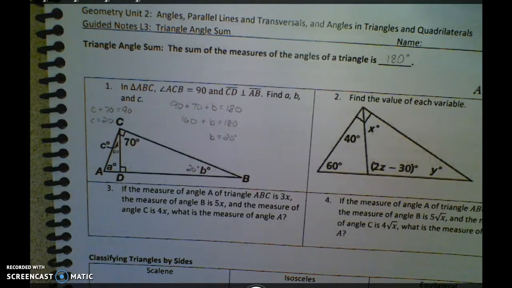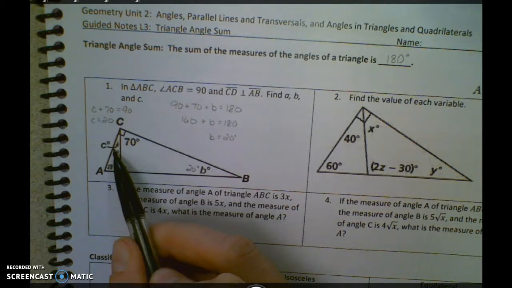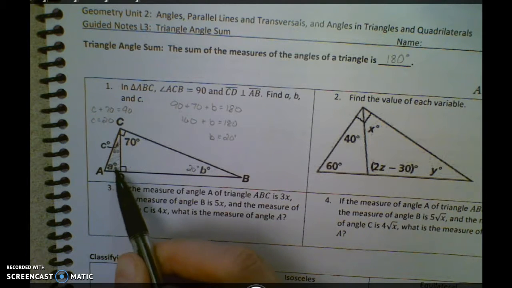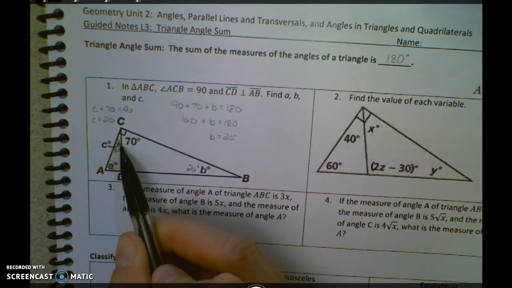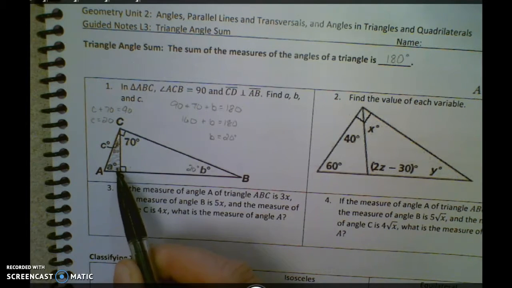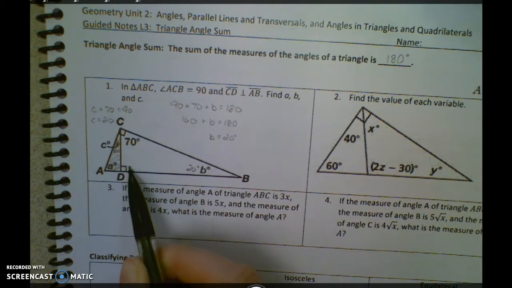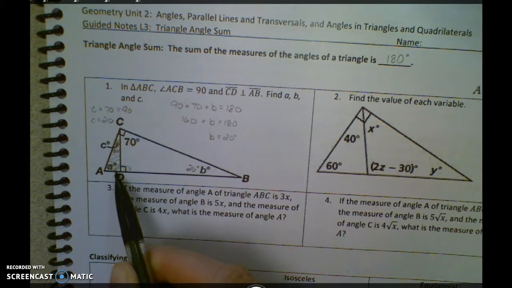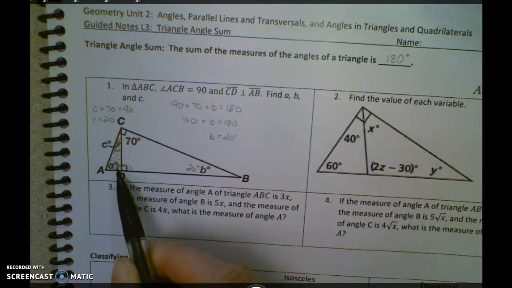We have more than one way to find angle A. I'm going to have you look at this little triangle, the one where I just put the 20 degree angle. Angle C was 20 degrees. Angle A, I don't know what it is, but this is the third angle in the triangle. We would know what it is because we have a straight angle by point D. So if this was 90 degrees on the right, this would be 90 degrees on the left.